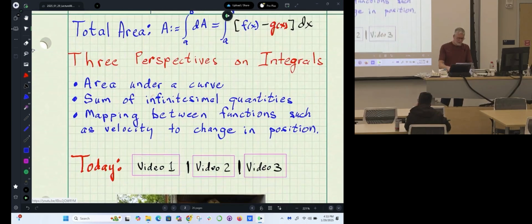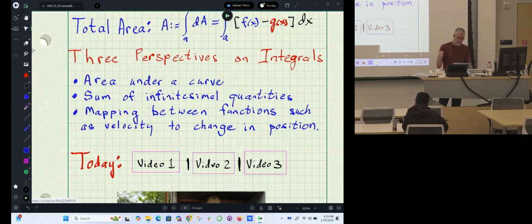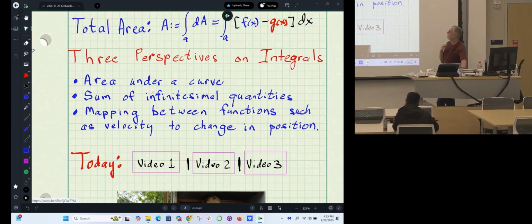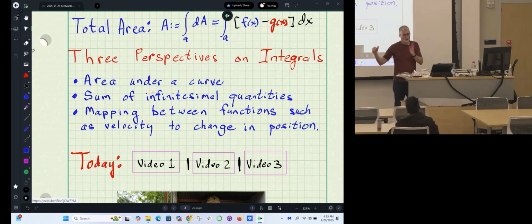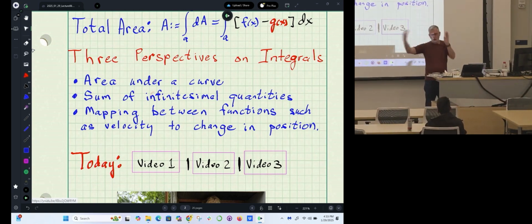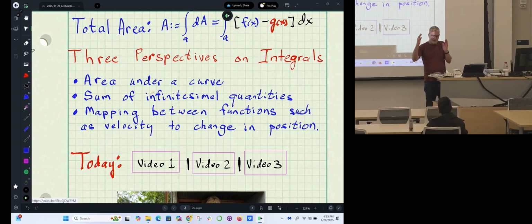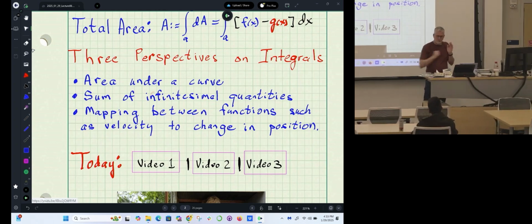And then one of the things we're going to keep emphasizing is that there's multiple ways to look at an integral. Its fundamental definition comes from area under a curve, and that's really nice because when you've got a curve and you take its area from A to B, and then you go from B to C, that should be the same as A to C. You get the sum from that, okay?